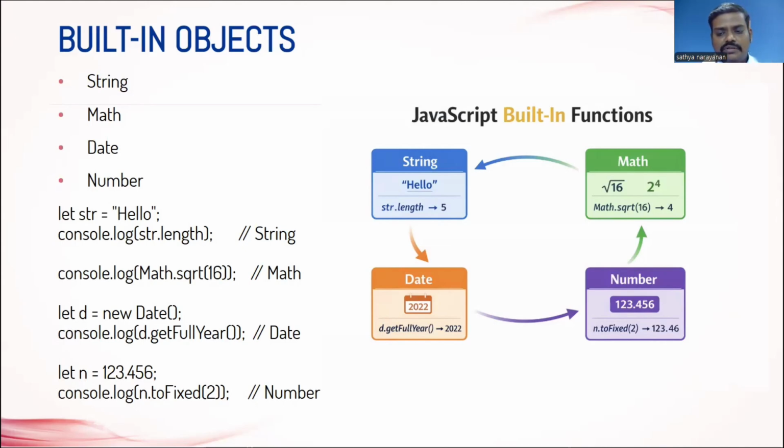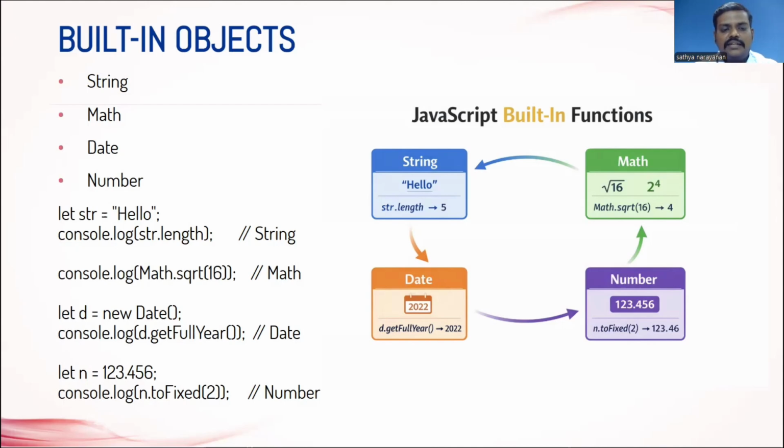Console.log, as I already told, is used to display messages or values in the browser console. What is the length of this "allow"? The value is 5. Console.log Math.sqrt, I mentioned the value 16, and now the output is 4.